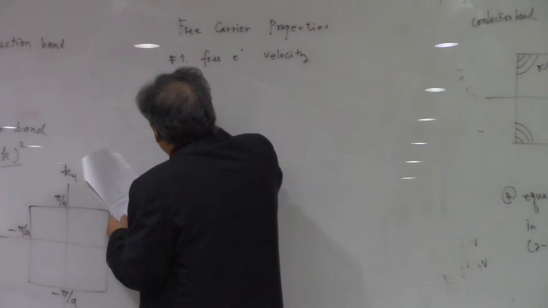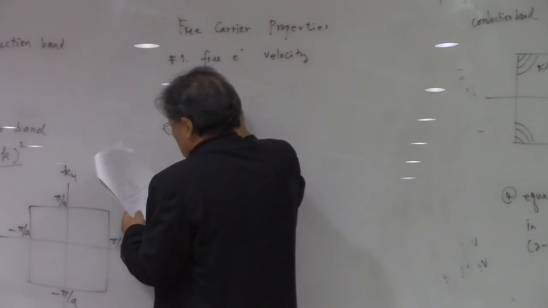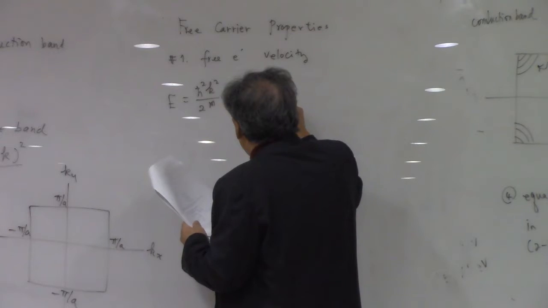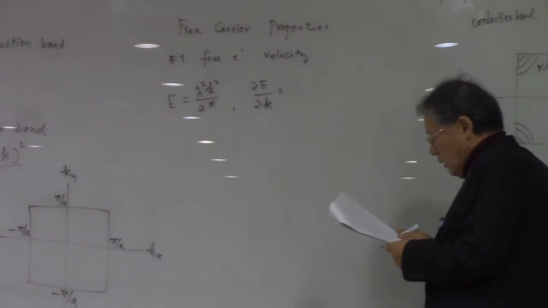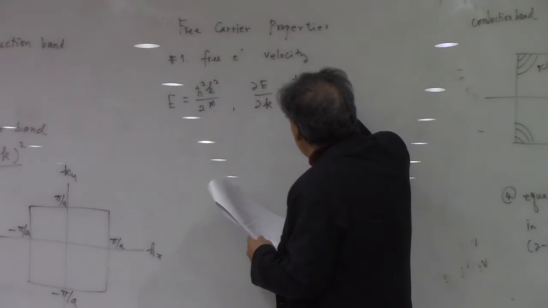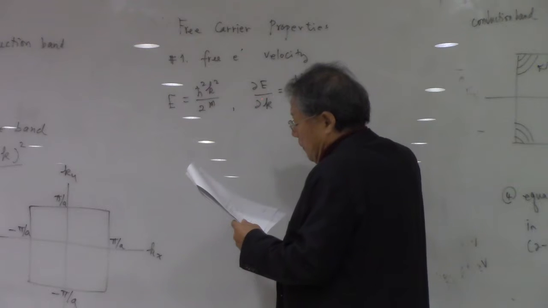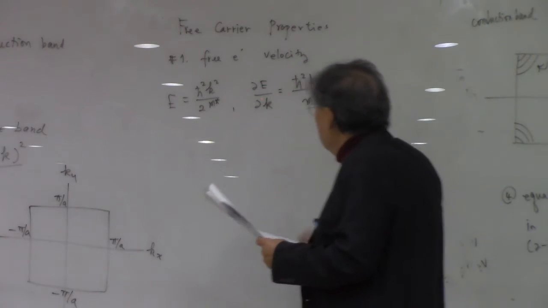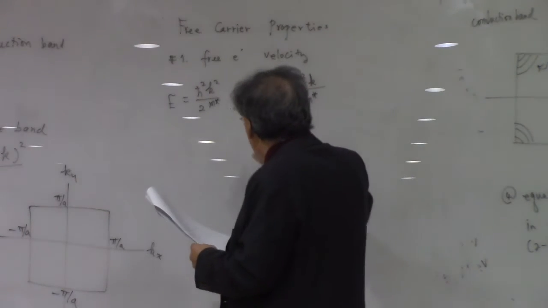We know the energy is going to be h bar square k square over 2m. And then the partial of E over the partial of K is going to be h bar square K over M, right? We have to use the effective mass here. We're going to go for the effective mass later, but anyway.